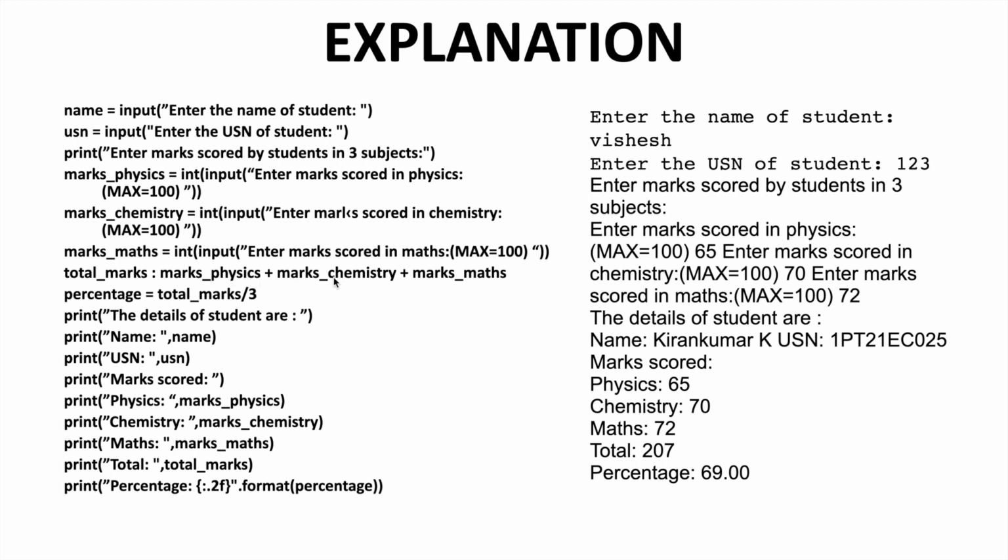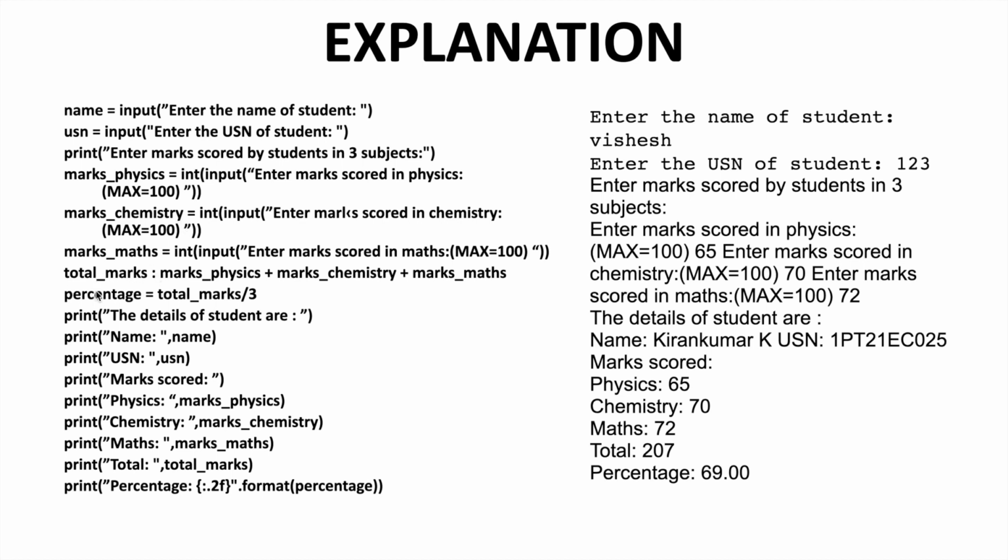In this case my marks are 65, 70, 72. It's going to add 65, 72 and 70, and store that in the variable total_marks.